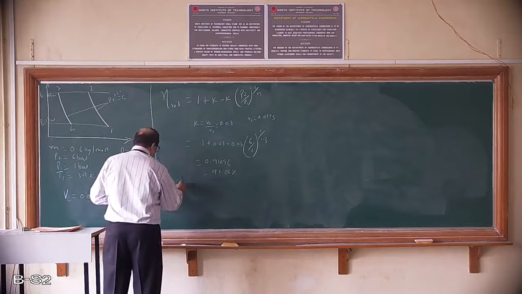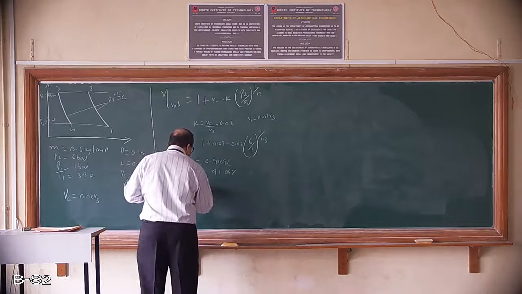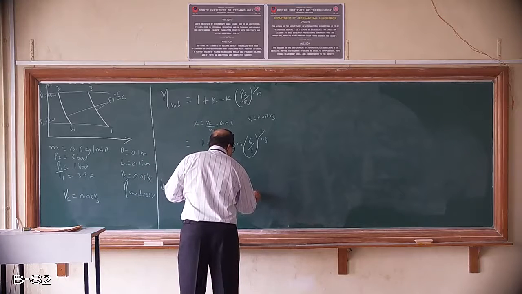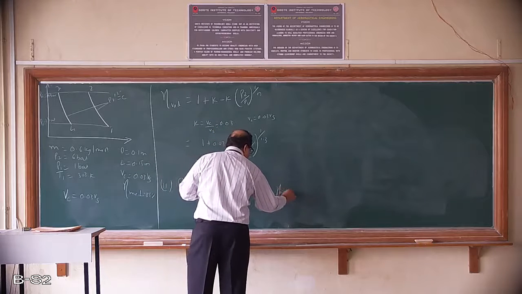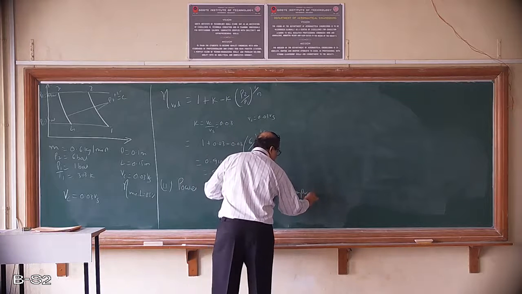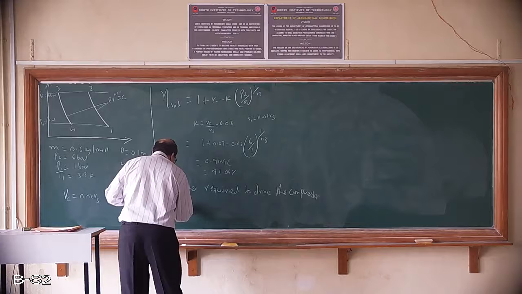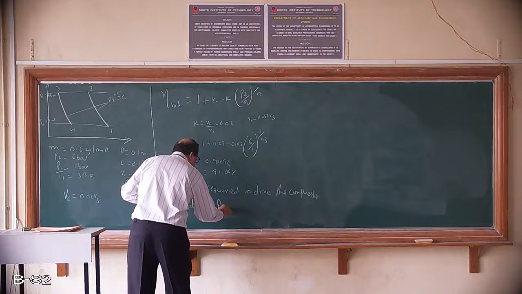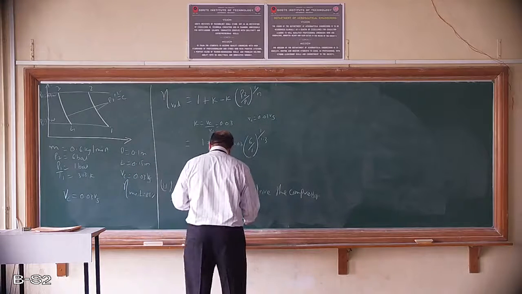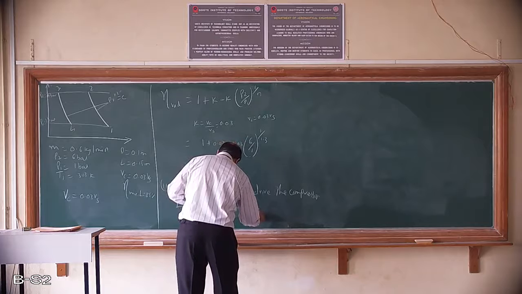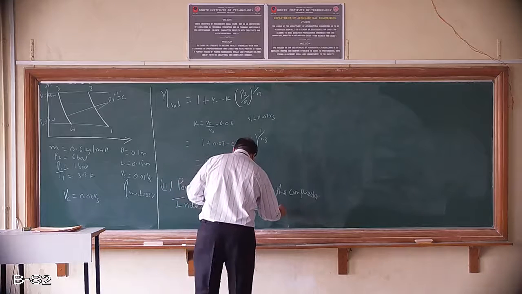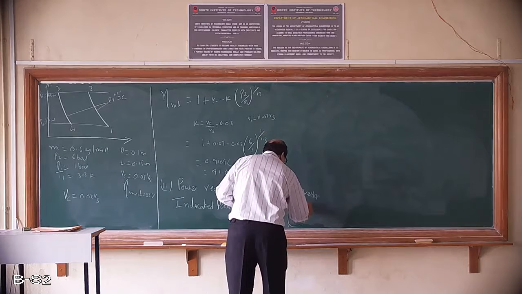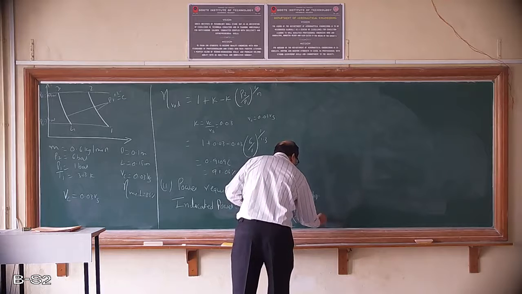Second, the power required to drive the compressor. The indicated power is n by n minus 1 into m R T1 into [(P2 by P1) to the power of (n minus 1) by n minus 1].